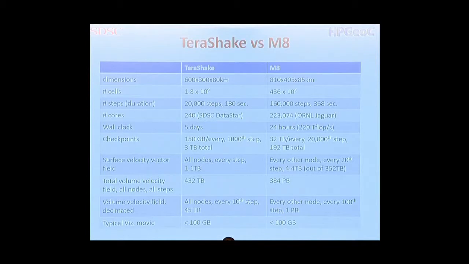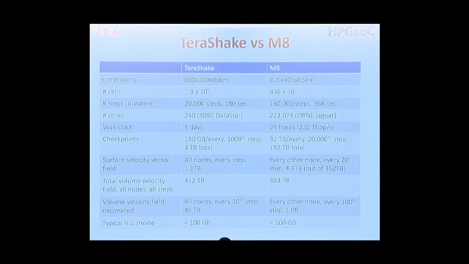The M8 simulation was in 2010, running at Oak Ridge on the Jaguar system, using 223,000 cores running for 24 hours. And what you see here, things changed. The problem size is much bigger, and we had to decimate lots of data to get into the parallel file system.